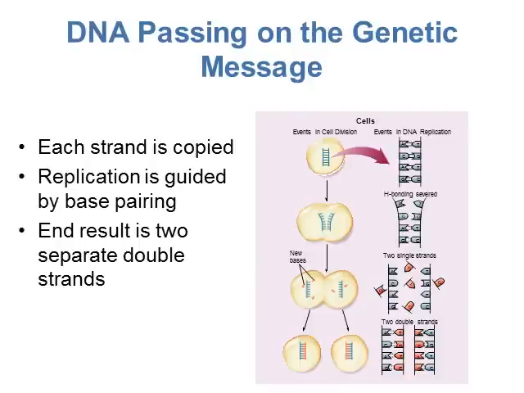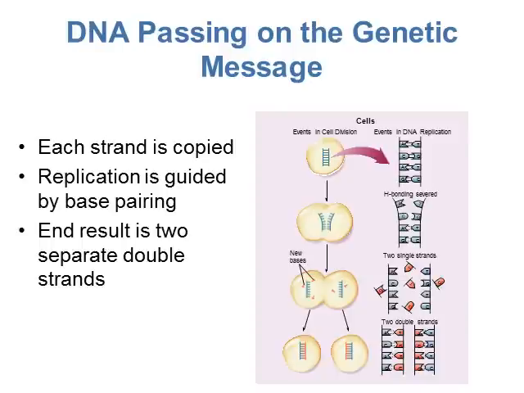DNA is responsible for holding on to genetic information. So DNA has to be replicated when cells go through cell division. So DNA has to pass on this genetic information, this genetic message from one generation to the next. So DNA goes through replication, so each strand is copied. And replication is guided by that base pairing.